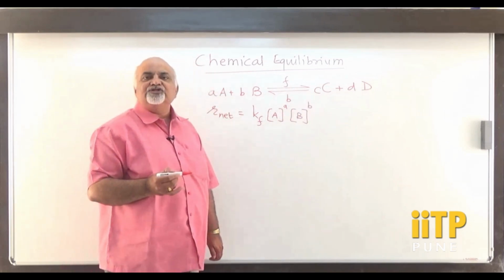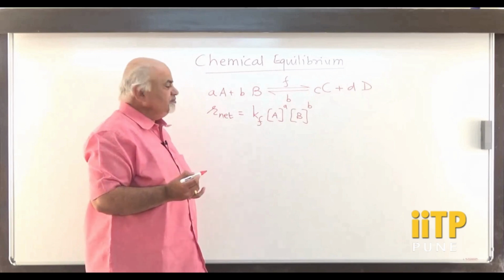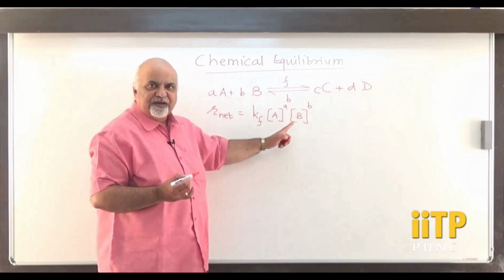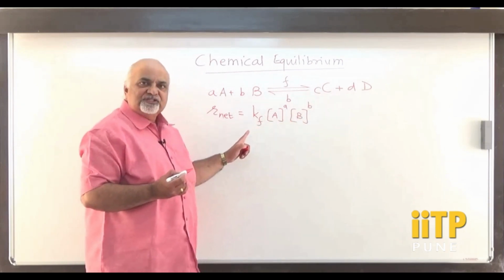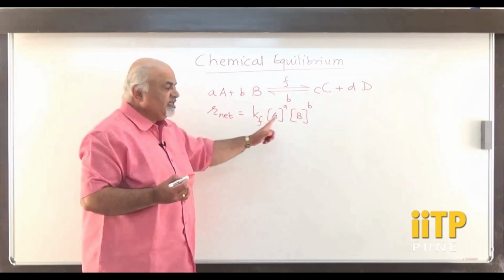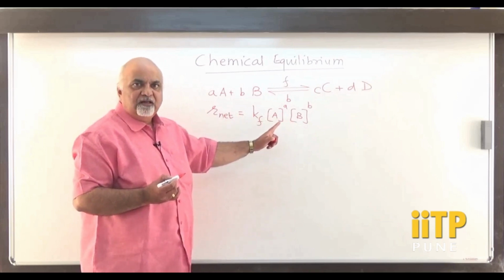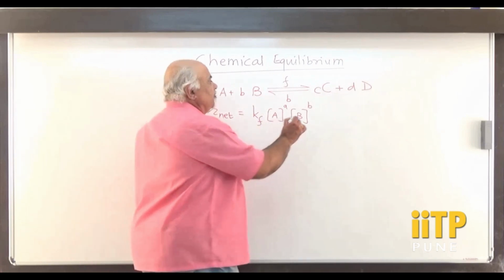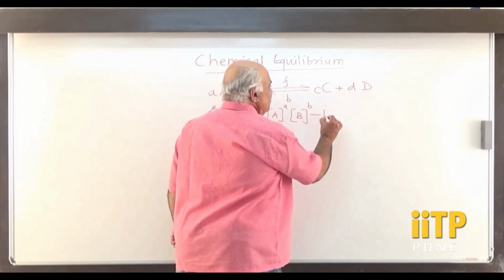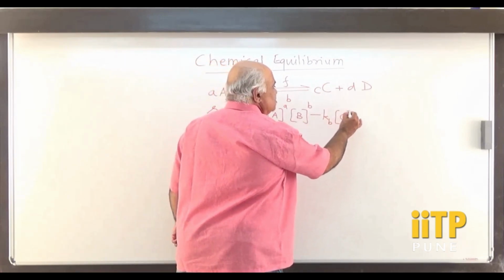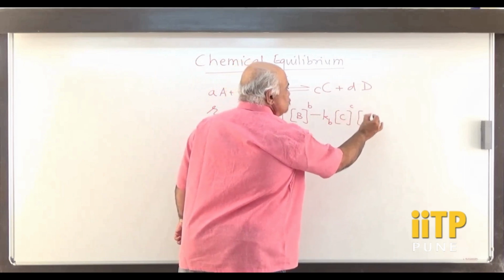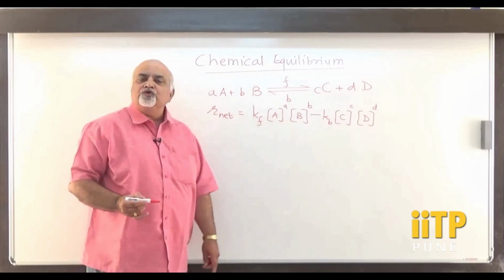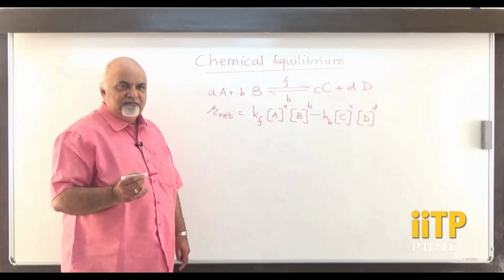Here of course we are considering an elementary reaction, ath order with respect to A, bth order with respect to B. All these things I have written as per the law of mass action which we have learned in kinetics, minus Kb, the backward rate constant, times [C] raised to c, [D] raised to d. Square brackets are used for concentration.